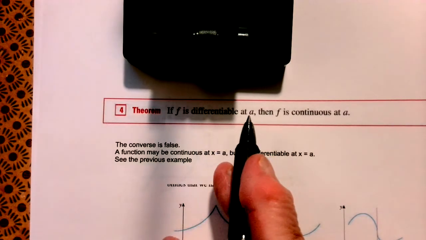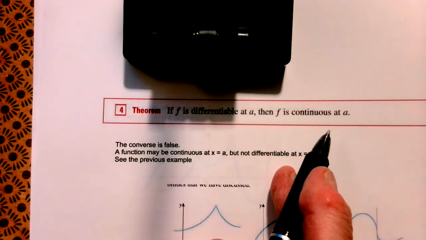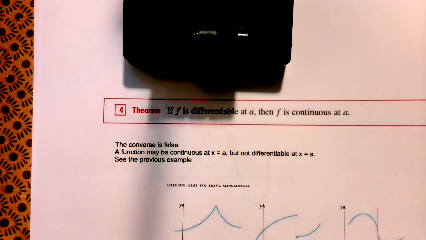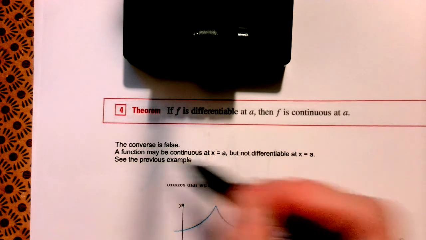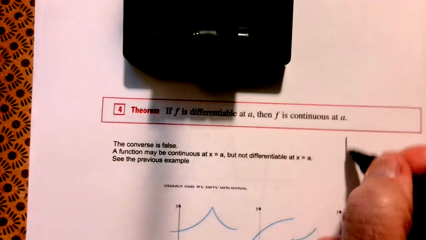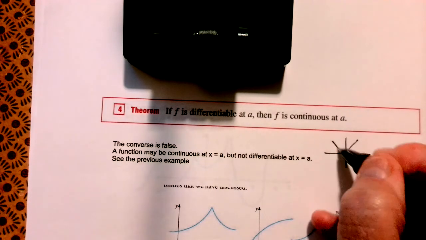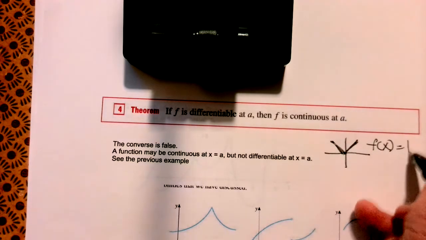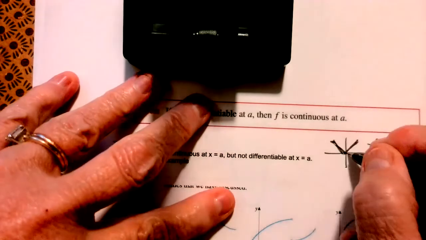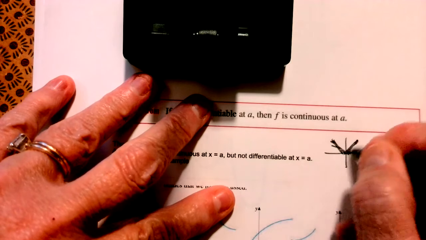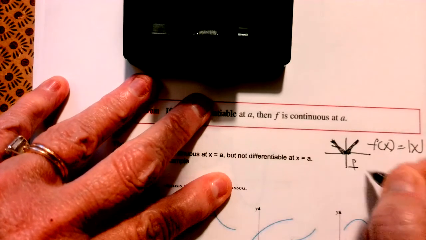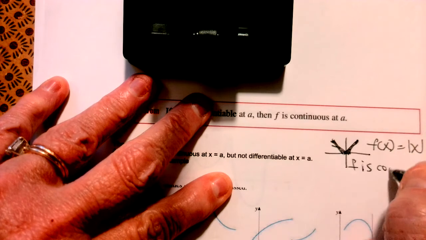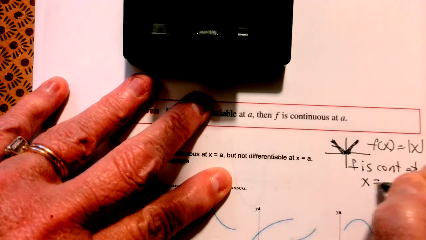That if f is differentiable at a, then f is continuous at a. We already said that, okay? Now, when I drew that set picture, the converse is false. A function may be continuous at x equal a, but not differentiable at x equal a. So from the previous example, if you looked at the absolute value, f is continuous at x equal 0.